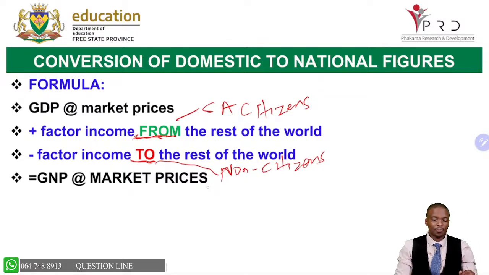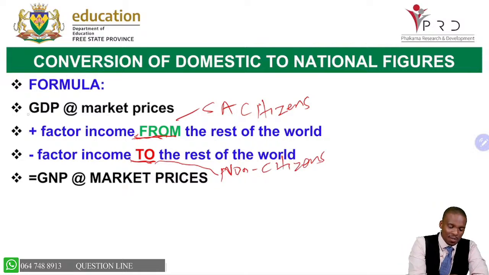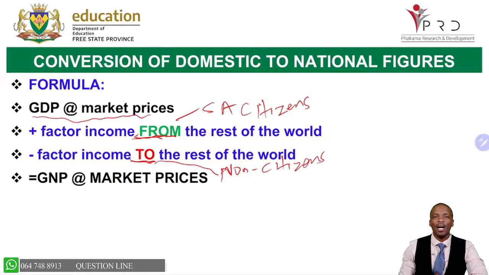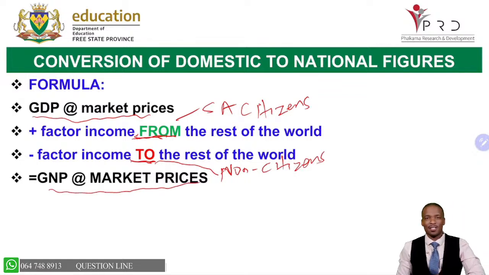On citizens. A question that we usually see in exams commonly, they will ask you, why is the GDP at market price in South Africa always greater than the GNP at market price? Because sometimes the GDP value will be so much, it will be 100 million.